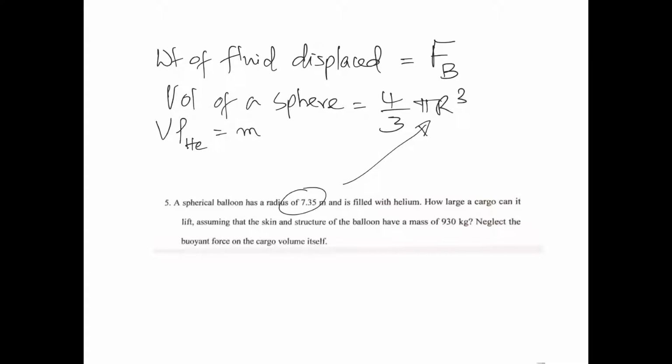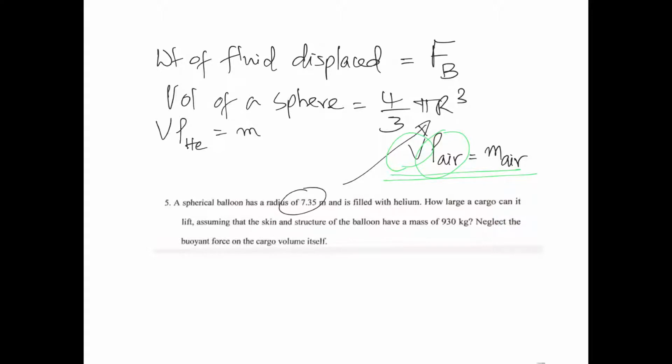Also, if you multiply the same volume with the density of air, you're going to get the mass of air displaced, because the balloon is displacing its own volume of air. So when you multiply the volume of the balloon, which is the volume of air displaced, with the density of air, you are going to get the mass of air displaced.